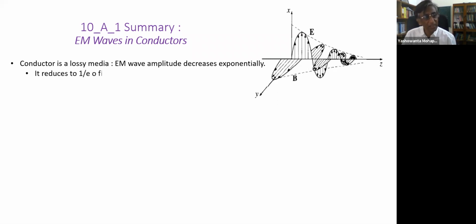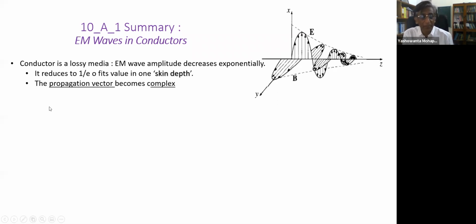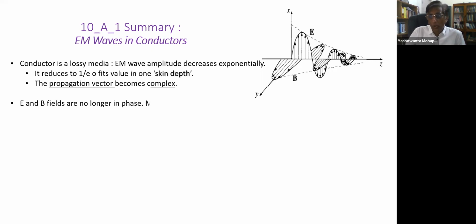It reduces to 1 by e of its value in one skin depth; that's how we define our skin depth. The propagation vector becomes complex, whereas it was real in a dielectric. E and B fields are no longer in phase. The magnetic field lags behind by a phase constant phi, where tan phi is kappa by k, as we just figured out.